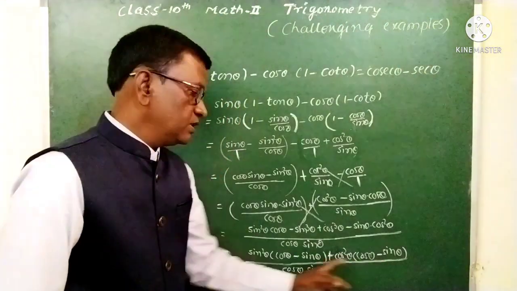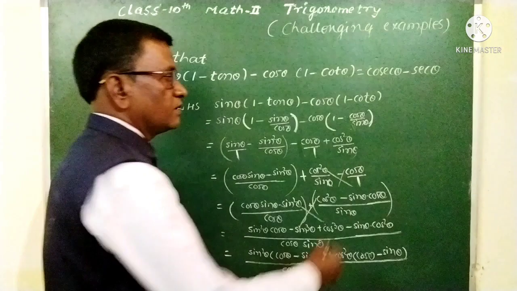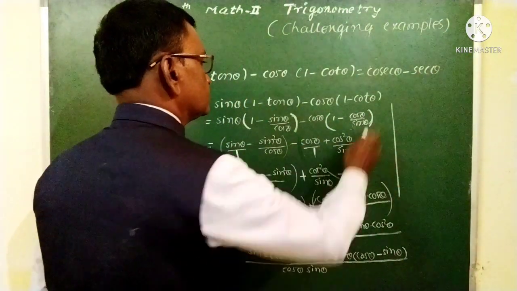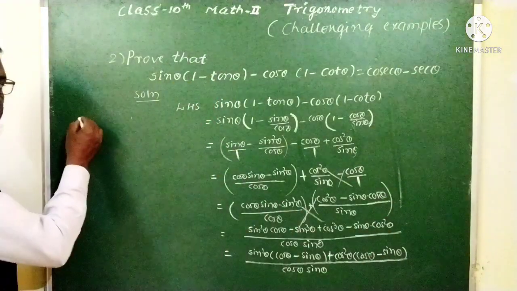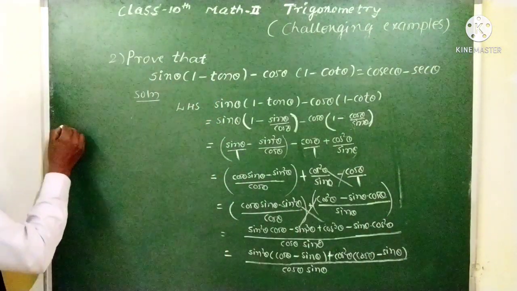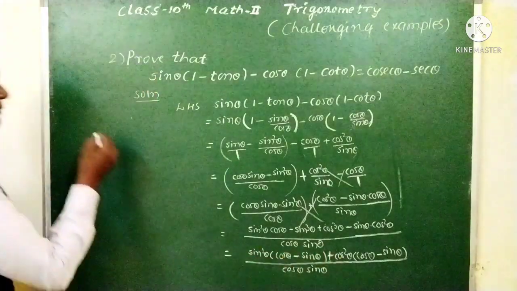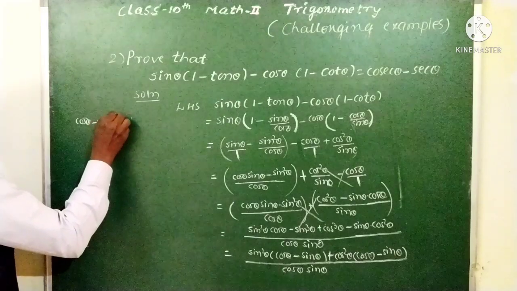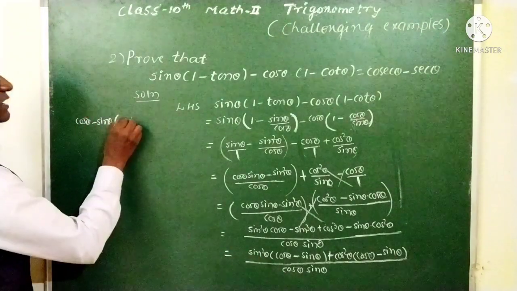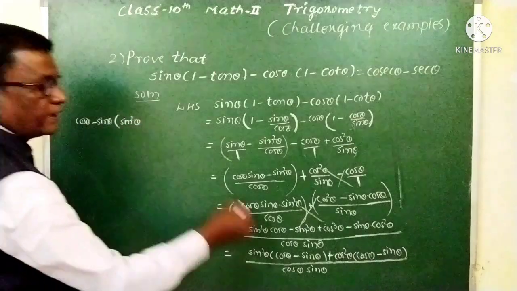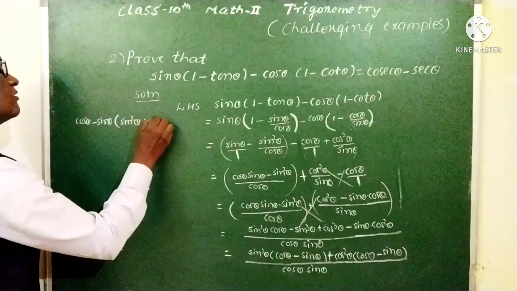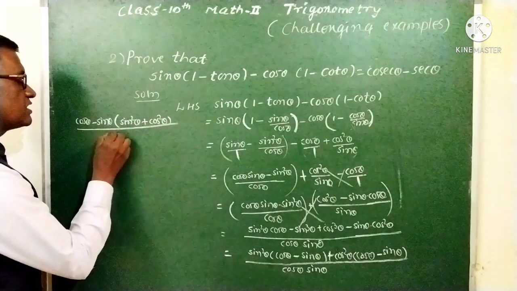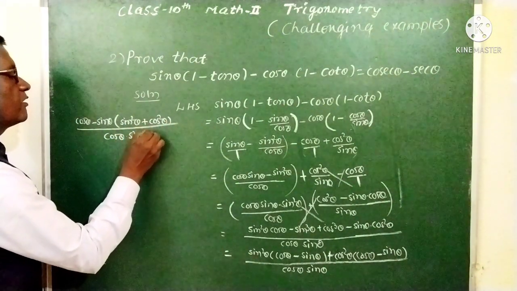From these two, take cos theta sin theta common, minus sin theta common. So here is sin square theta plus cos square theta upon cos theta into sin theta.